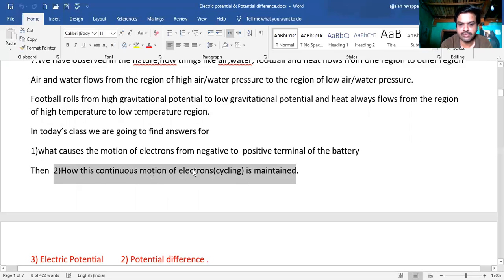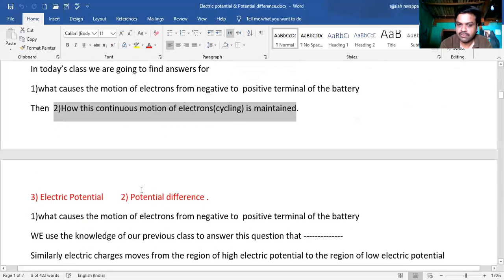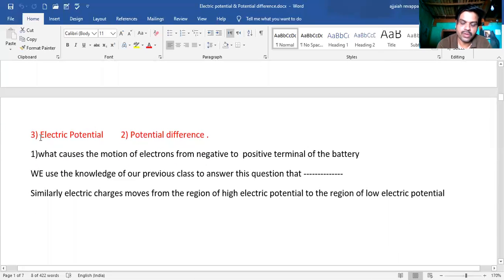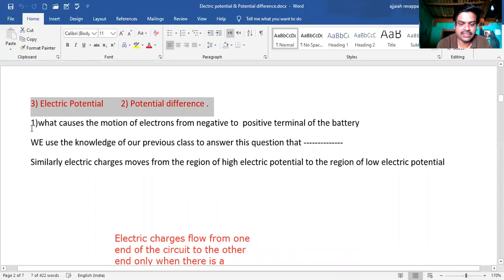How is this continuous motion of electrons, that is cycling, maintained? These are two important questions we are going to learn in this class. Also, we are going to learn about electric potential and potential difference. We'll take the first question.